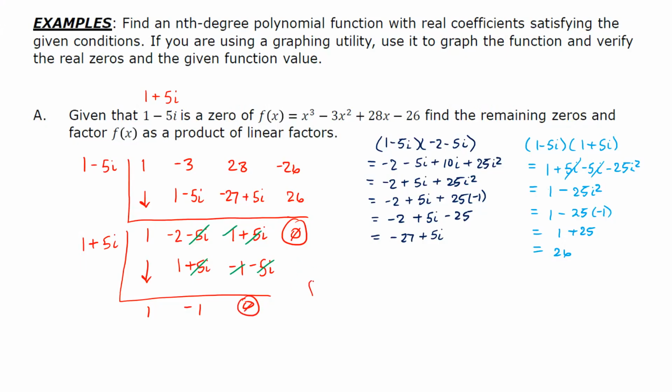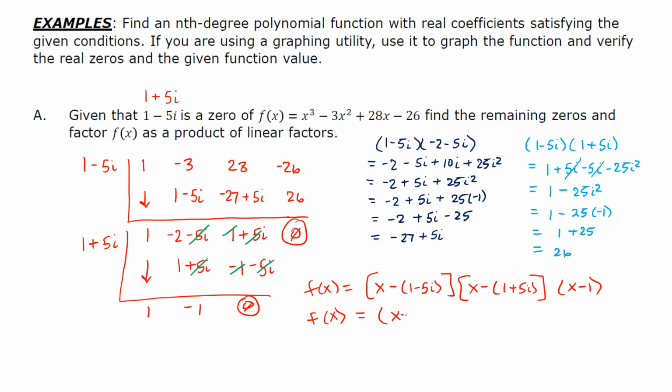Excellent. So f of x as a product of linear factors would be x minus 1 minus 5i, x minus 1 plus 5i, and x minus 1, which is the corresponding factor. So why don't we simplify this?